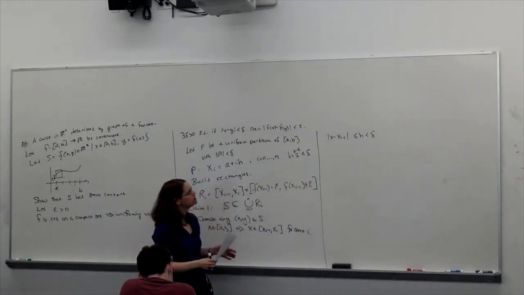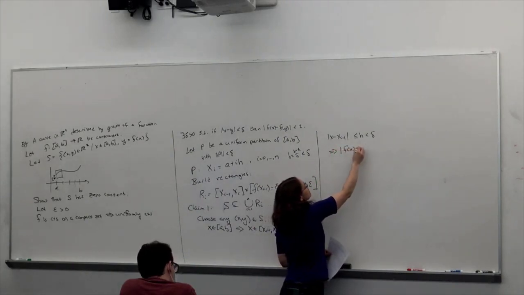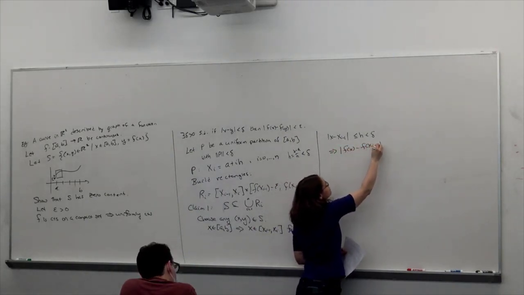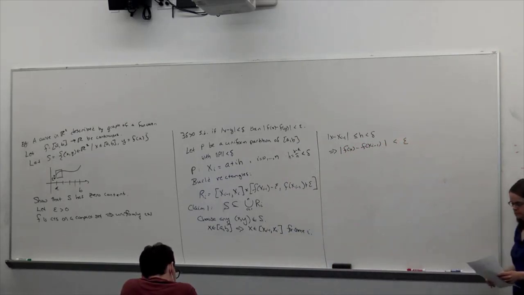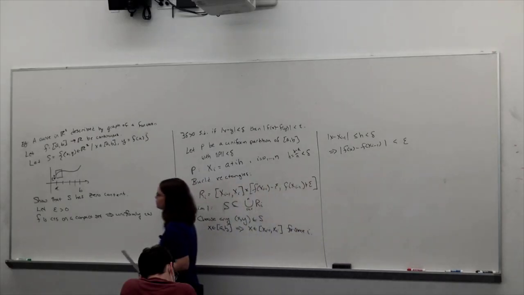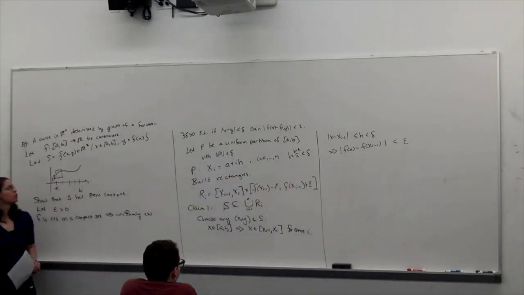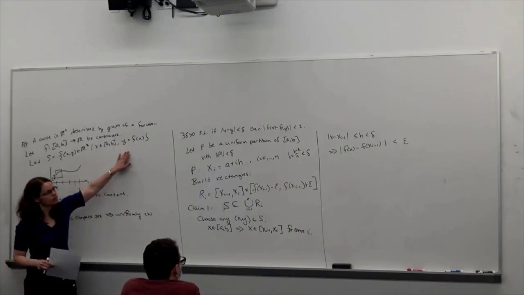And that means, by continuity, that f of x minus f of x_{i-1} is less than epsilon. And f of x is precisely going to correspond to our y value. That's the only thing the y value is allowed to be, is f of x.